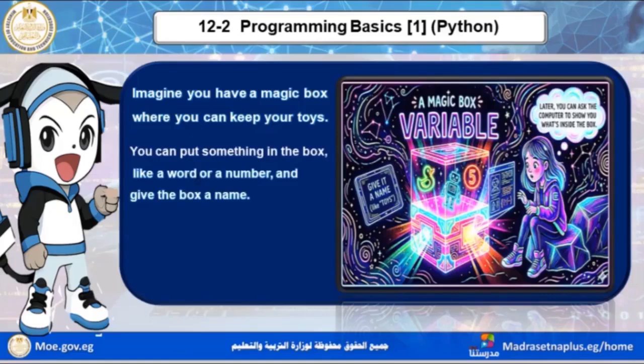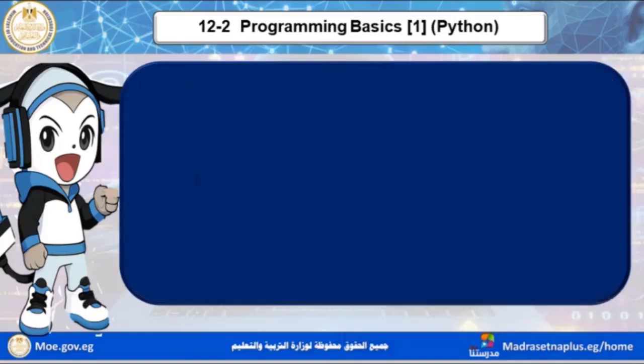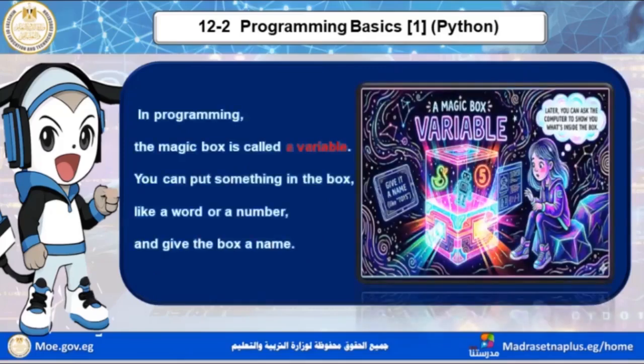We should give the box a name because we will search inside this box later. In programming, the magic box is called a variable.